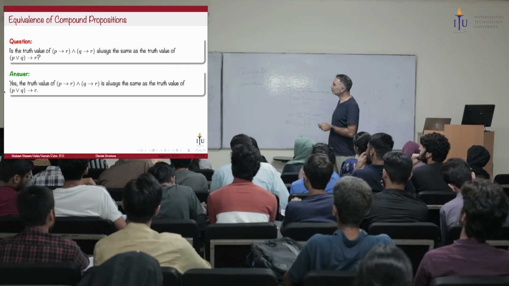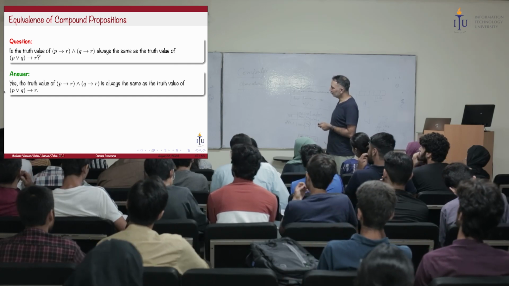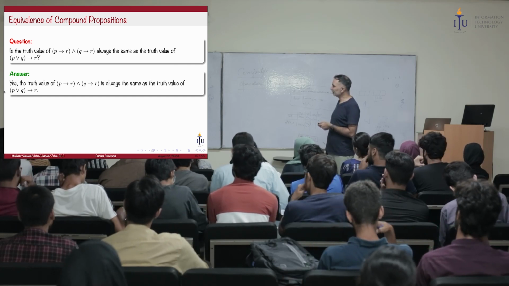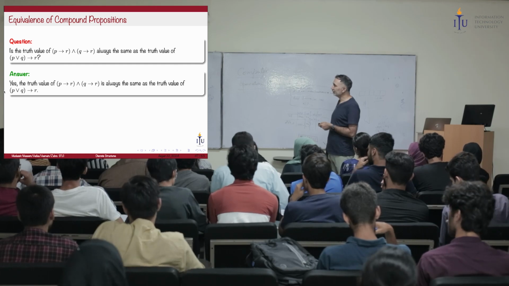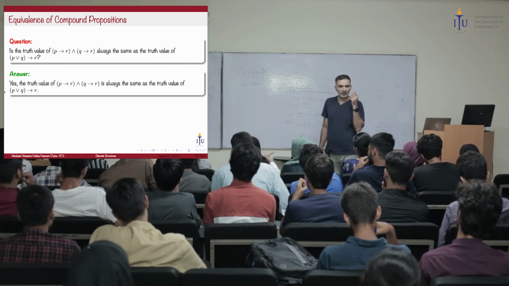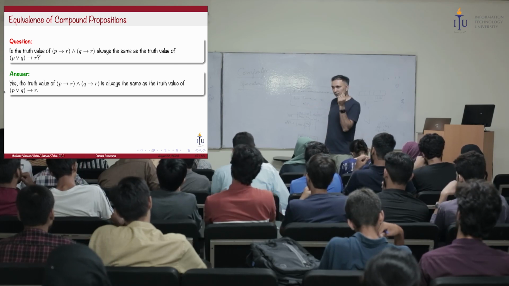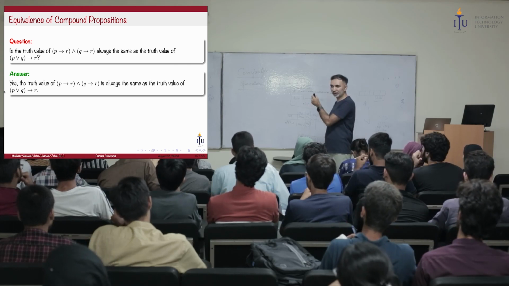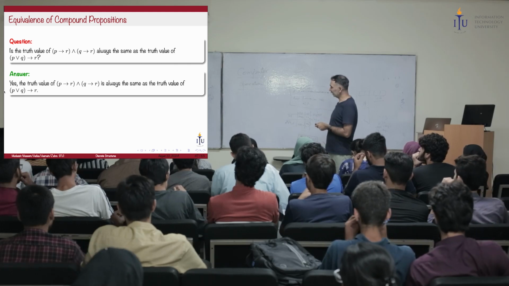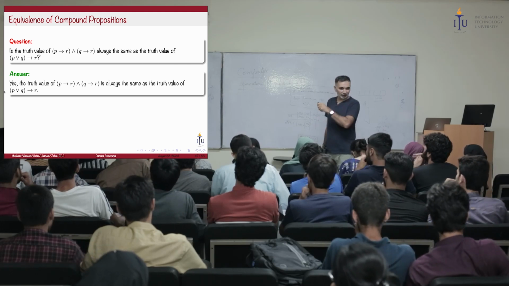Okay? So if you look at the first statement, the first part is saying that P guarantees R. Okay? If P is true, then you're guaranteed to get R. The second part says that Q guarantees R. Okay?